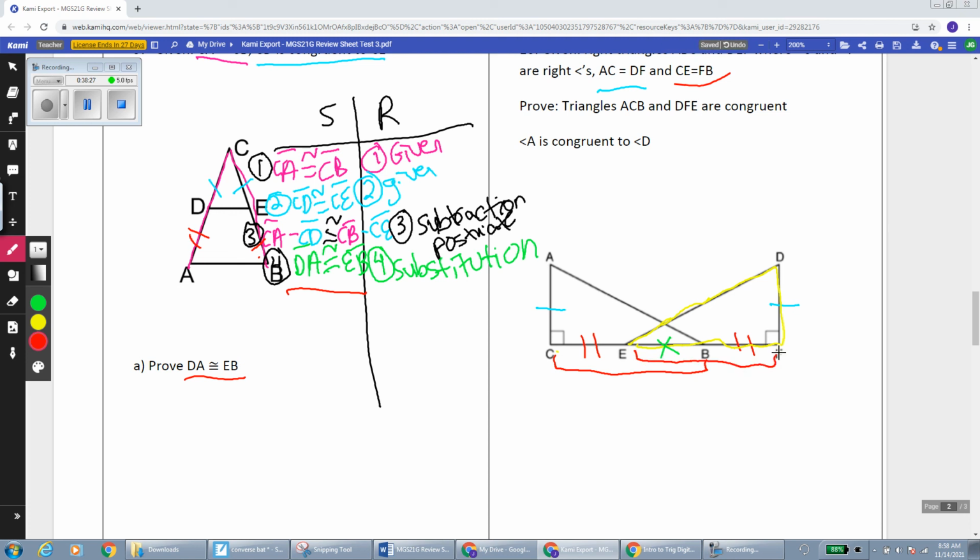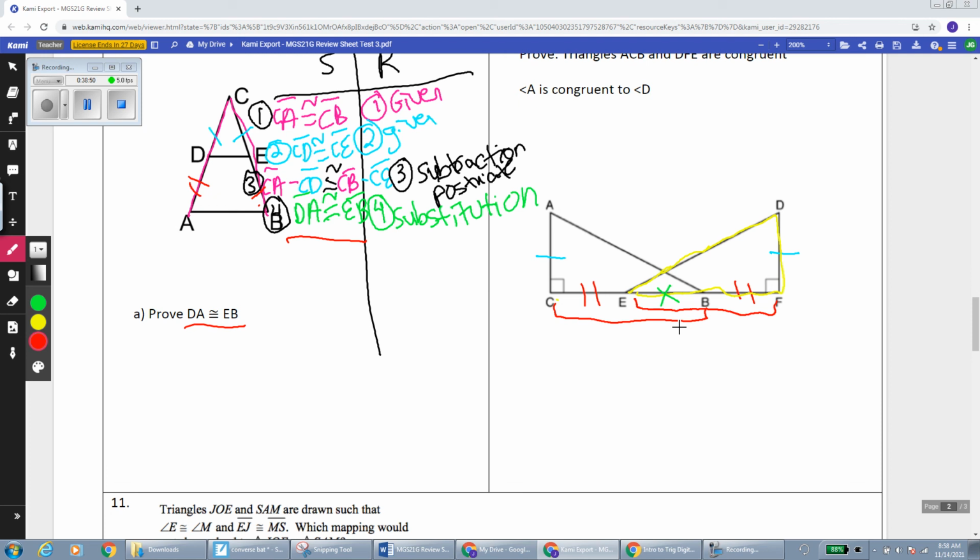That would make the two triangles congruent by SAS. I want you guys to recognize that this is not HL here, because we don't know anything about the hypotenuses here.